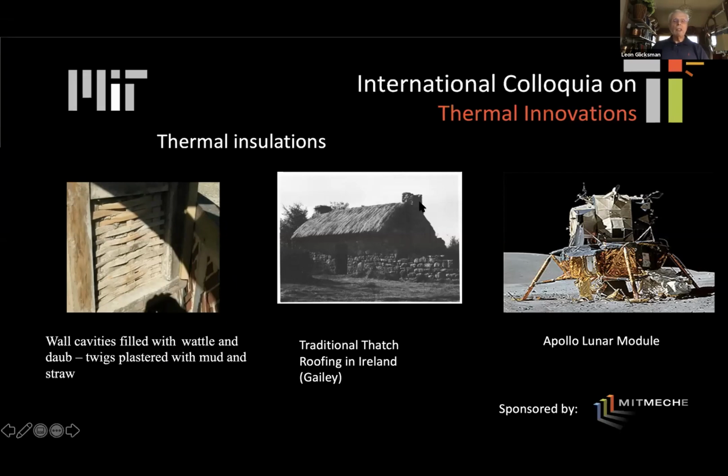There's also a thatched roof, which has been used, and in fact is still being used in some buildings in the UK and other parts of the world. And again, if the straw is put into the roof, there are substantial air cavities, which again form insulation, which makes the roof a very well insulated system.